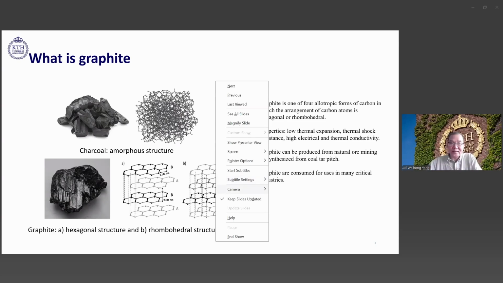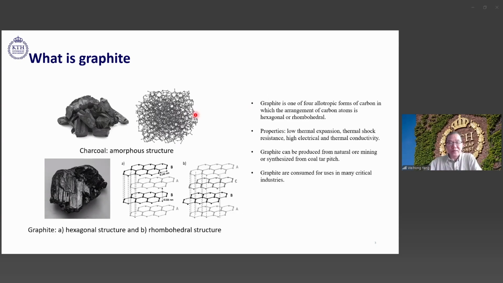When we talk about graphite, you have very good crystals, in principle a very high crystallization. Then you have different properties like no thermal expansion, thermal shock resistance, and especially very high electrical conductivity and thermal conductivity. That is the main application for the industries.